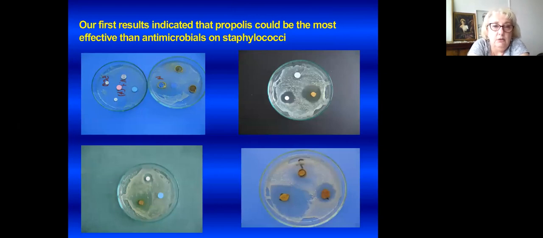This is the first result, when during regular work we randomly selected some isolates of Staphylococcus aureus. The left picture shows blue penicillin, streptomycin, amoxicillin, cloxacillin, and gentamicin. This isolate was resistant to penicillin, but had good sensitivity to all others.